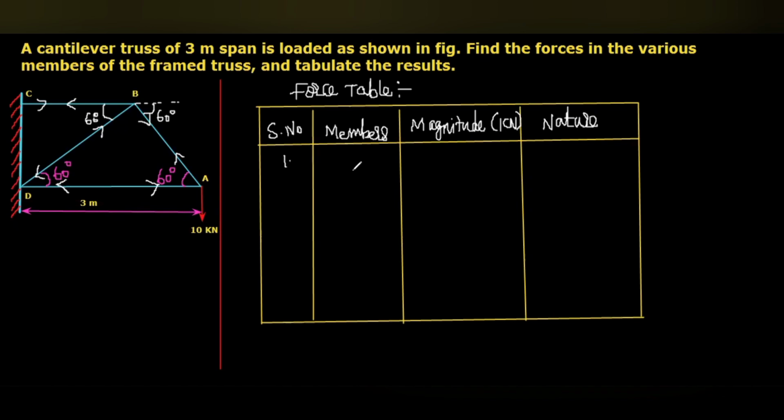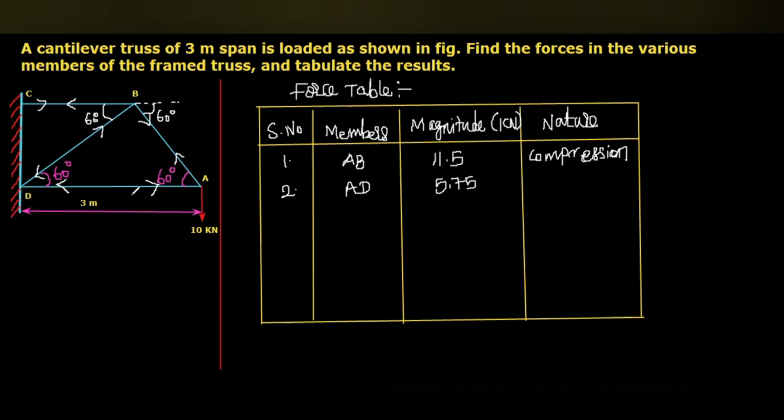First one, the member AB. The value we calculated as 11.5 kilonewton. And here you can see the AB is compressive in nature. So compression. Then second one, the member AD, we calculated the value 5.75 kilonewton.